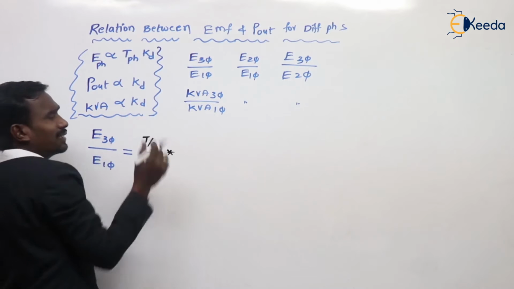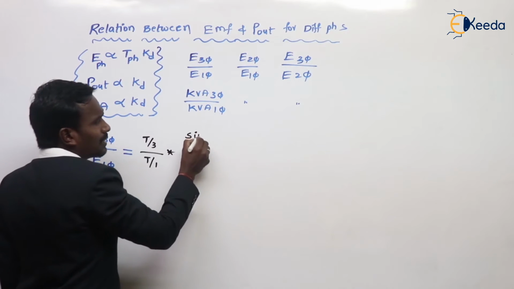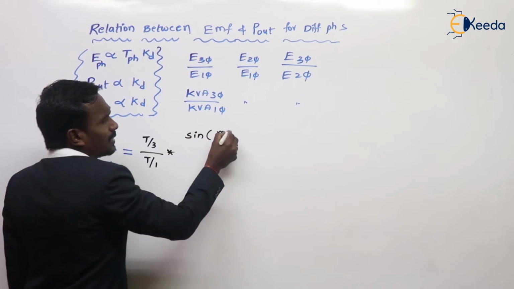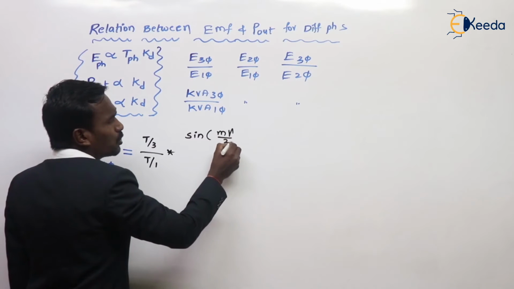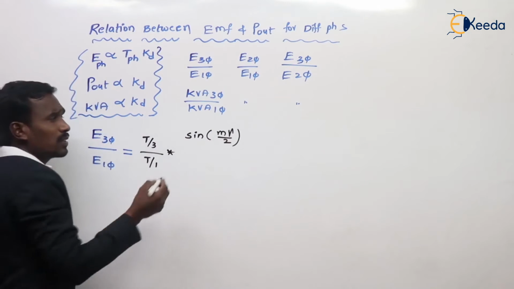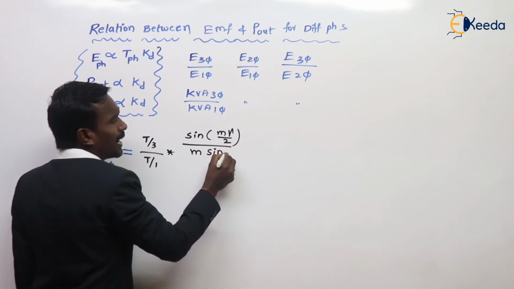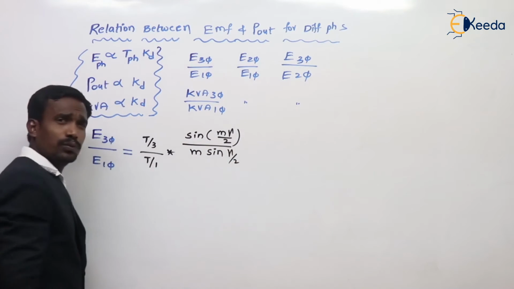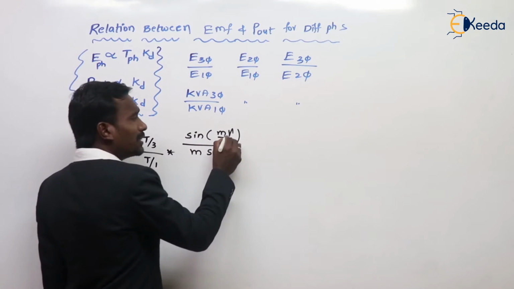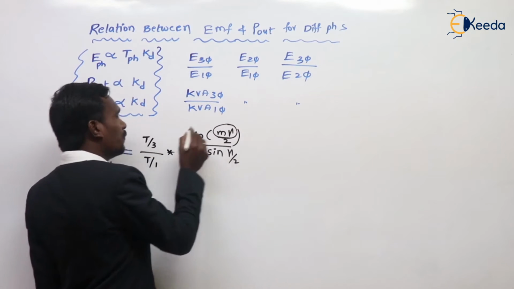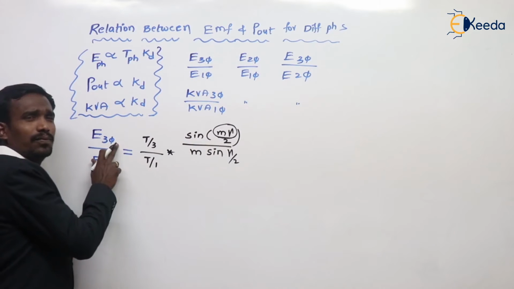For this, KD for 3 phase is sine of mγ by 2 upon m into sine of γ by 2. This mγ value we know for 3 phase.